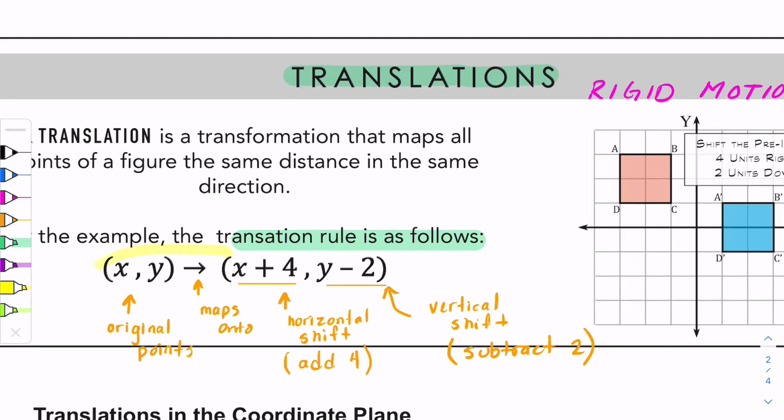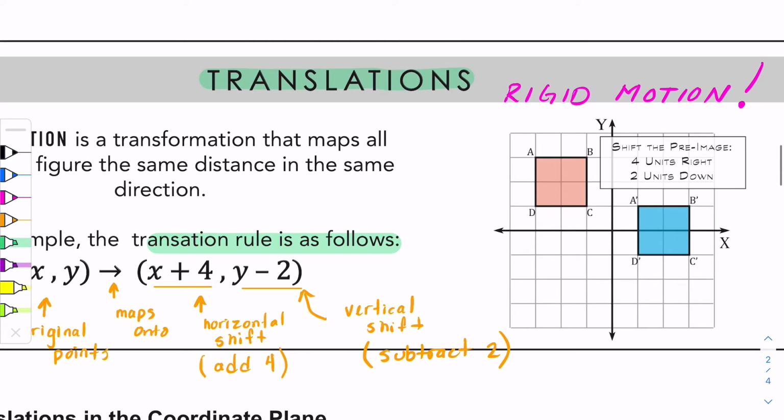So just to read through this again, this says x comma y maps onto x plus 4 comma y minus 2. Now let's look at the graph.